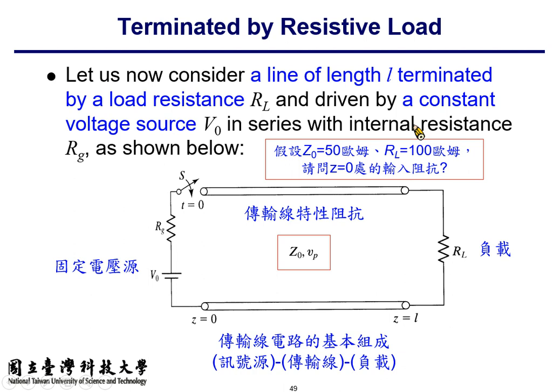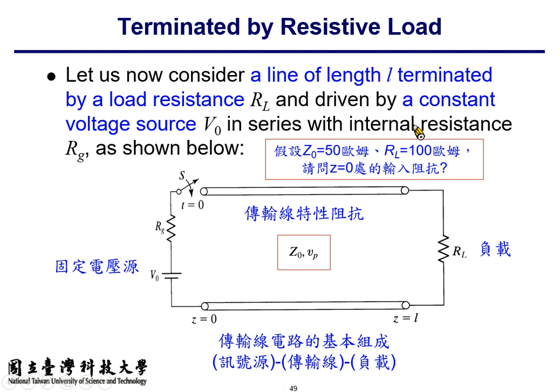But did you notice what kind of transmission line system this is? This is a battery, a DC battery, right? So this is actually a DC circuit.